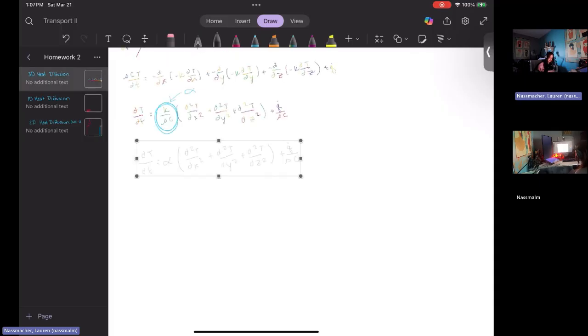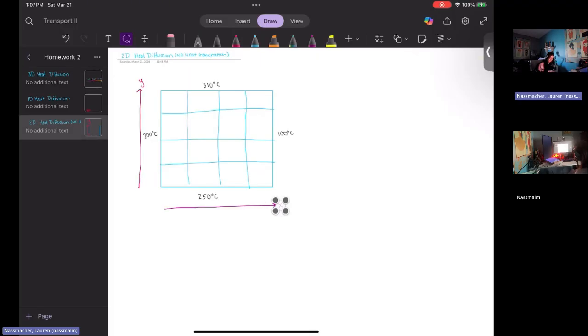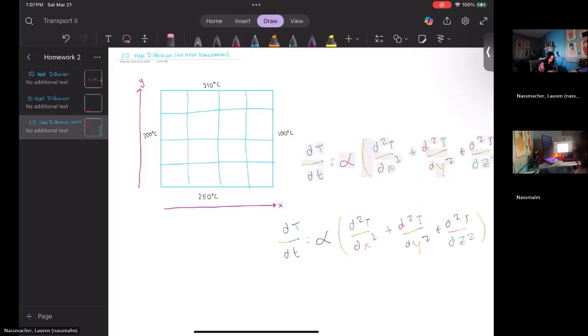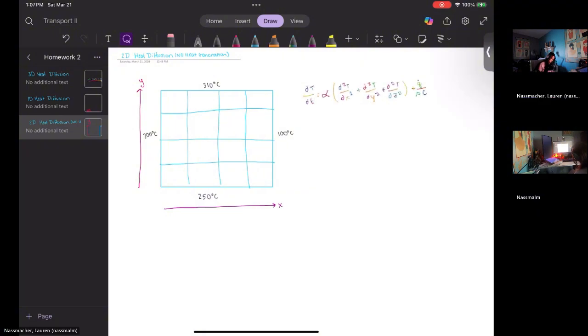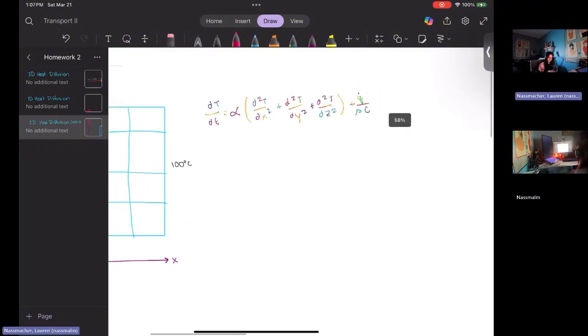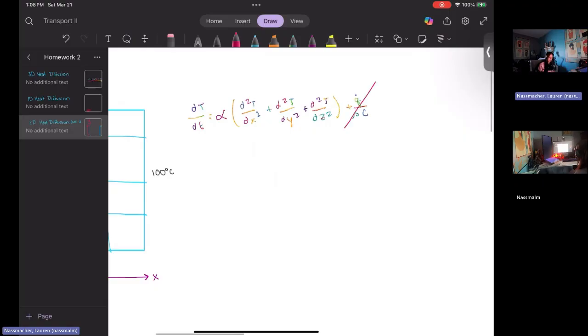Next step, we're going to take our three-dimensional heat diffusion equation and transform that into something that we can use for our two-dimensional heat diffusion problem. Shrink that down so we can better see it. And we recognize that there is no heat generation for this problem, so that's going to be equivalent to 0. Additionally, there are only two dimensions, our x and our y direction, so our z direction is going to be equivalent to 0.